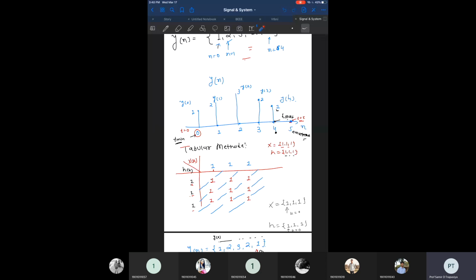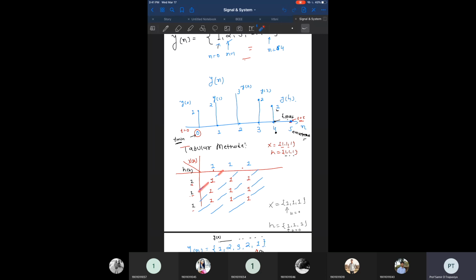Then we multiply each row value with each column value and put the result in the particular slot. This one is multiplied with this one, and then we obtain this one. This one is multiplied with this one, and then we obtain this one, and so forth. We arrange them in this order. After this, we make the grouping.